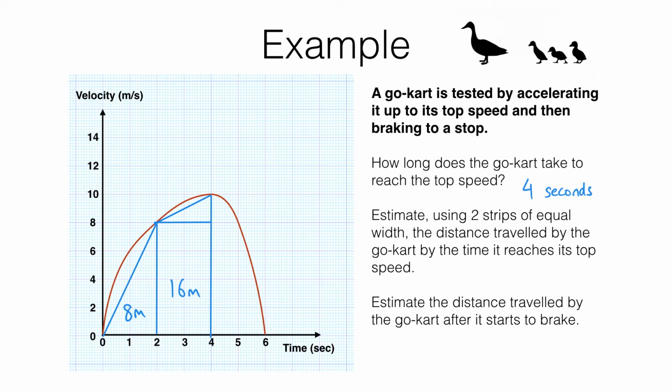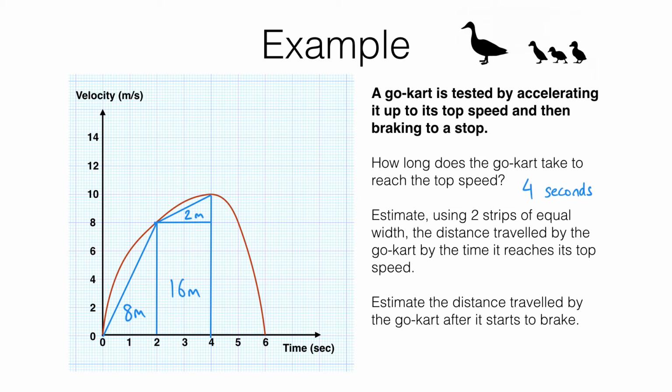Now this triangle has a base of 2, that's the difference between these, and it also has a height of 2, that's the difference between these. So the area of the triangle is base times height divided by 2, so that's 2 times 2 divided by 2, and that just works out to 2 meters.